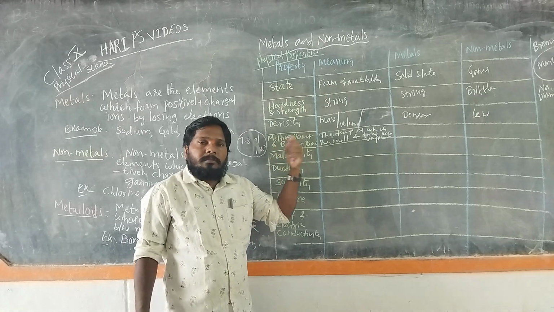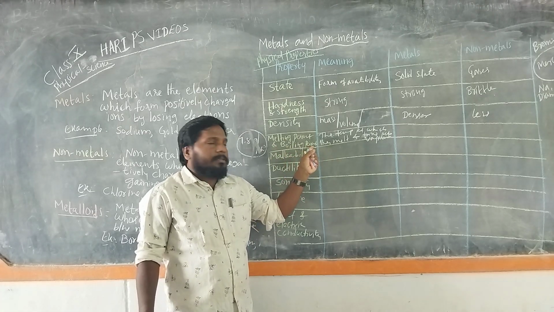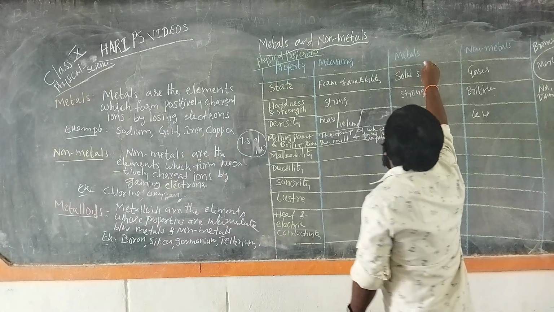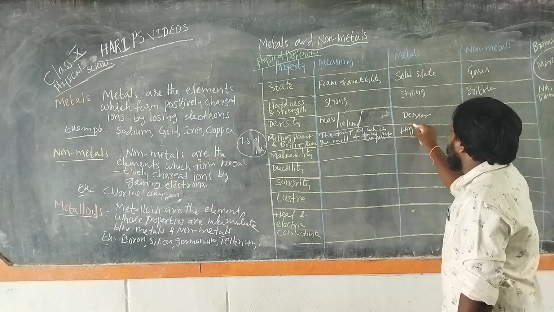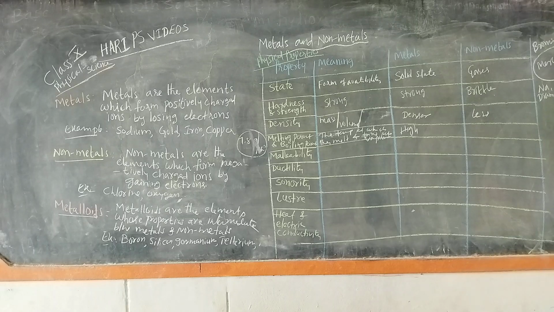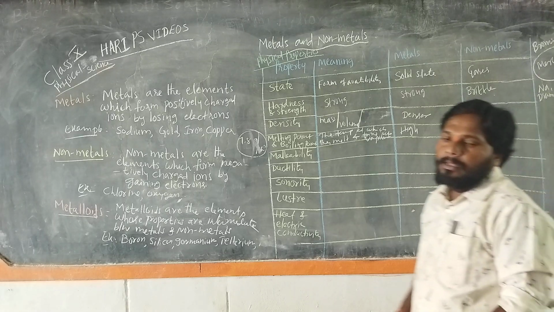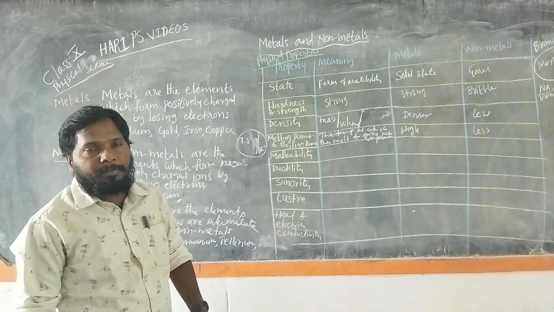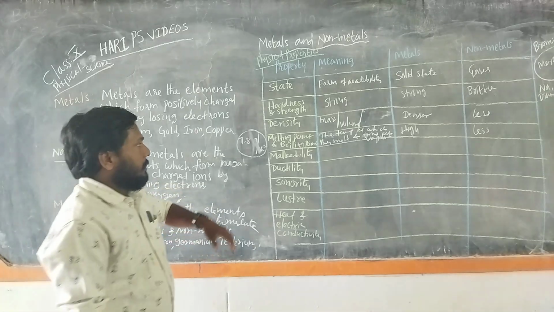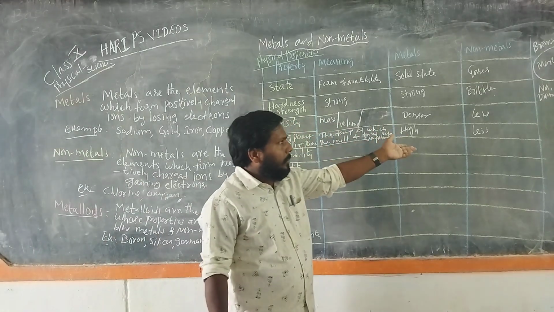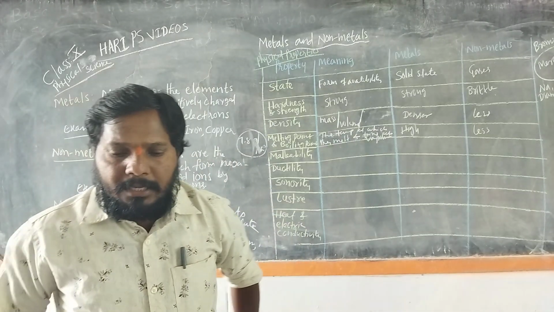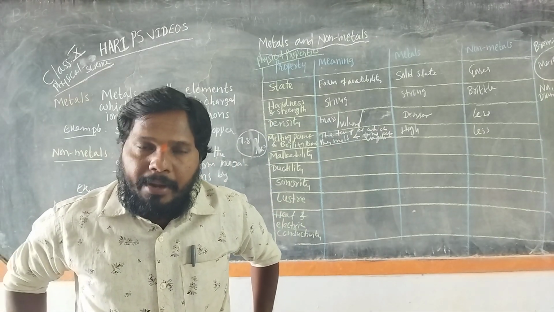Boiling point is the temperature at which it turns into gas. Generally metals have high boiling points and high melting points, whereas non-metals have low boiling and melting points. There are some exceptions for every property. So the melting point of metals is high, whereas the melting point of non-metals is low.